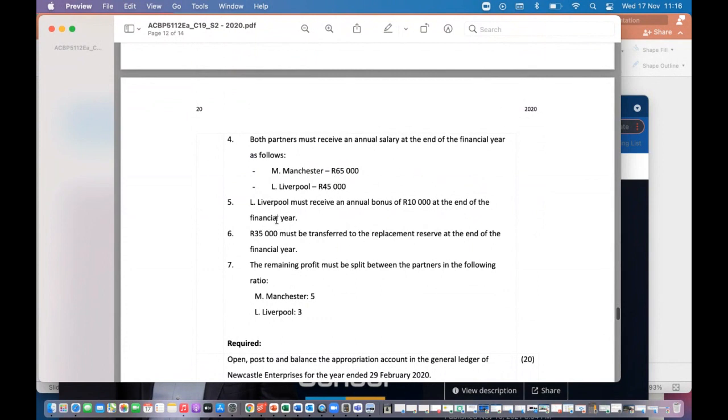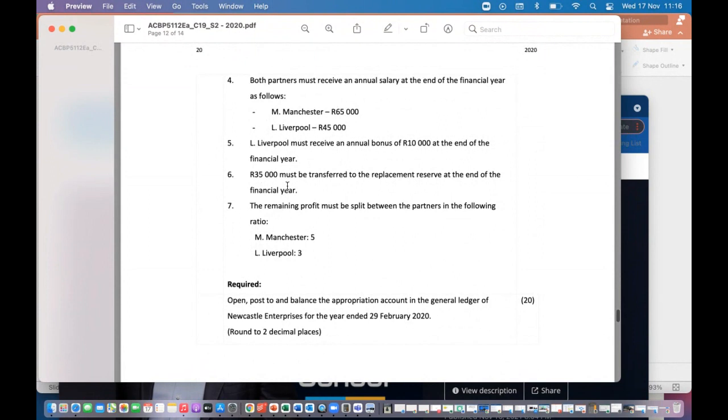Those are the annual salaries. Liverpool must receive an annual bonus, one of the partners. This time they're telling us what the bonus is. Yesterday, they told us it was, I think, 10 or 20% of their actual salary. And then this time, this is the one thing that's different. 35,000 must be transferred to the replacement reserve at the end of the financial year. That's the only difference. Everything else is the same.